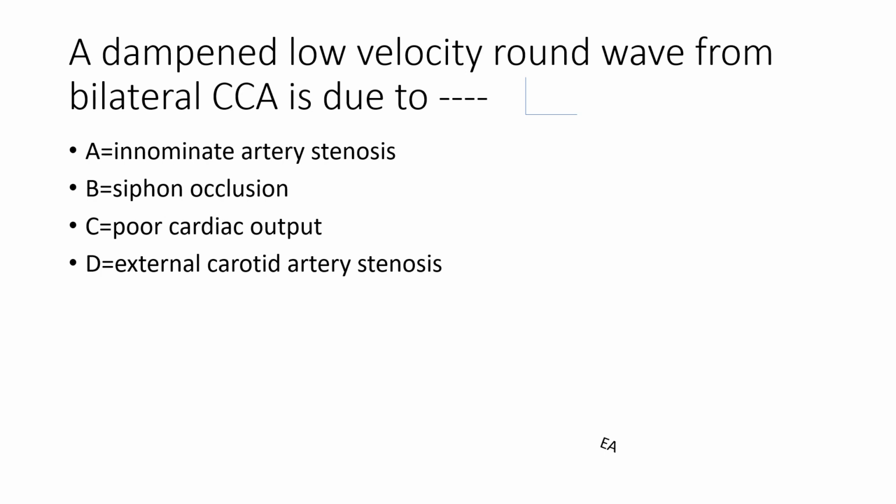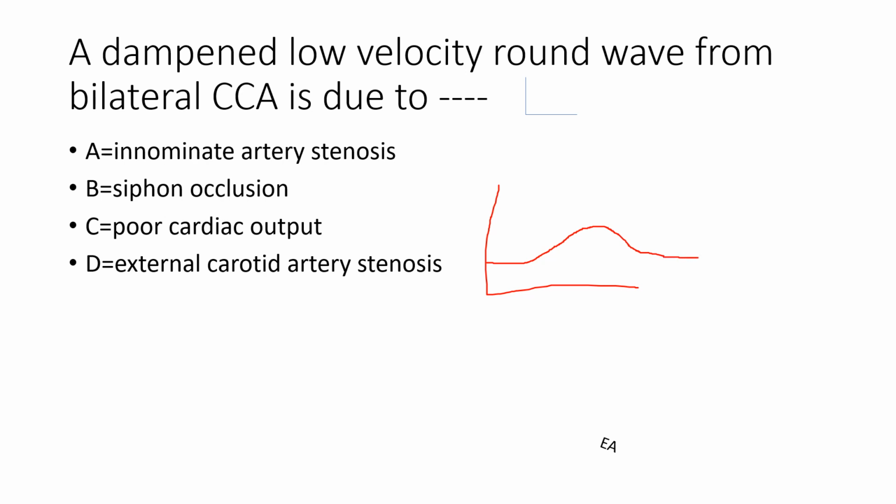A dampened, low velocity round wave from bilateral CCA is due to, okay, we are in the right CCA and left CCA. Both of them are like this, velocity and time. Both of them are dampened, with prolonged acceleration time, and then come down.